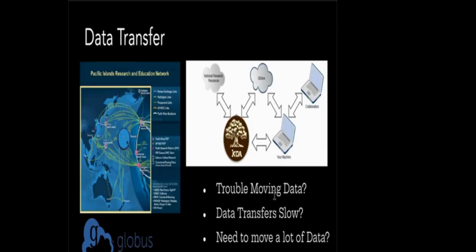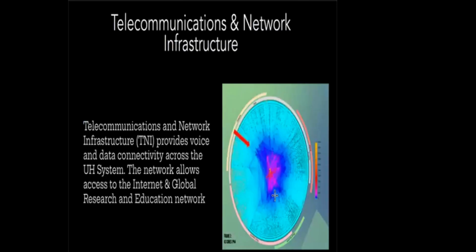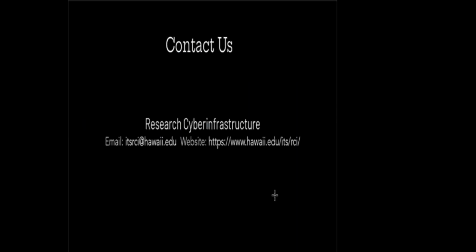If we can't solve your problem directly, we can work with a networking group in ITS to try and troubleshoot your problem and speed up your data transfers. And this is just a map of all the different connections around UH.